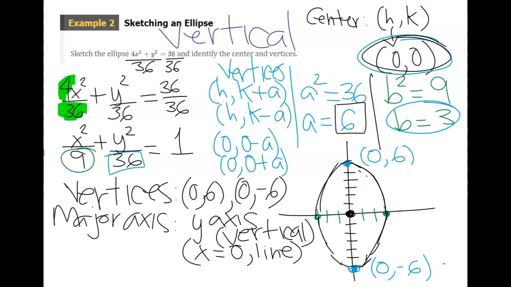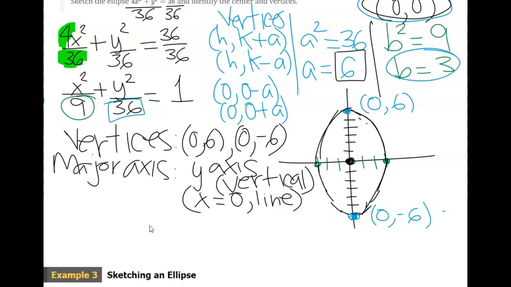Now, let's say that the question was identify the foci. So to find that, we will go back to that equation that we had, the one that said a squared is equal to c squared plus b squared. So at this point, we know that a is equal to 6, and we know that b is equal to 3.